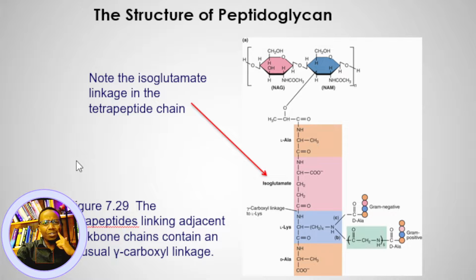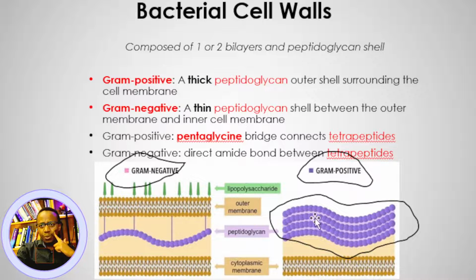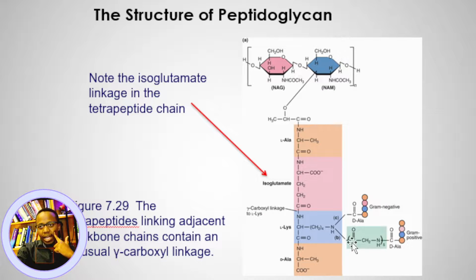So if we zoom in, what we mean by peptidoglycan, it's a peptide, right? Look at these. These are different amino acids. This is a peptide. This is alanine, lysine, glutamate, and then alanine as well. So it's what we call a tetrapeptide, right?